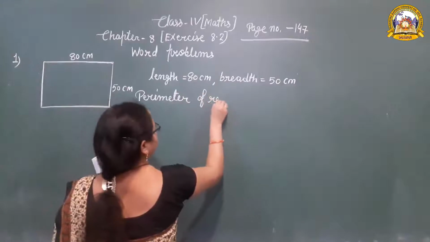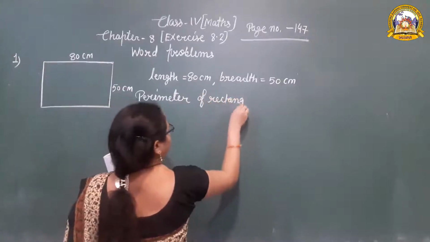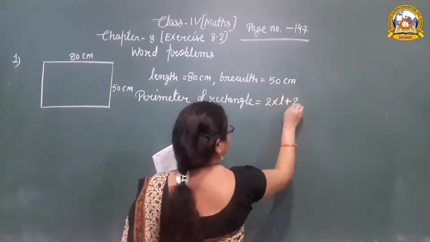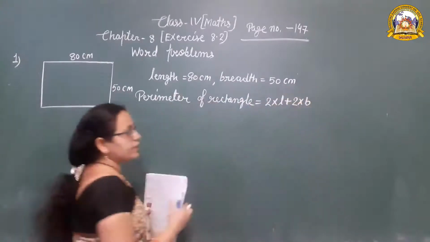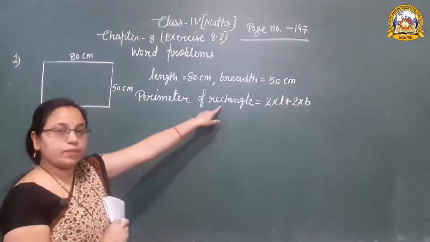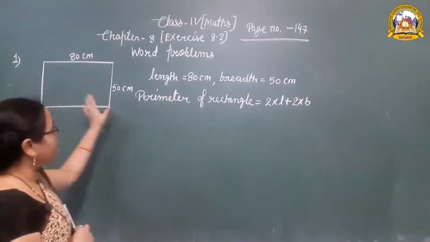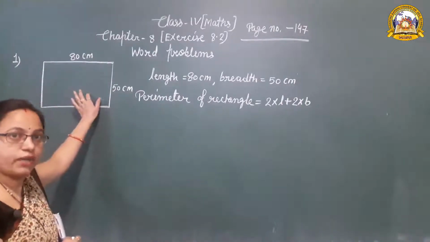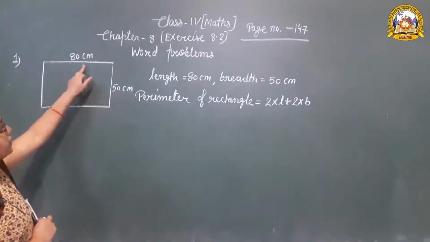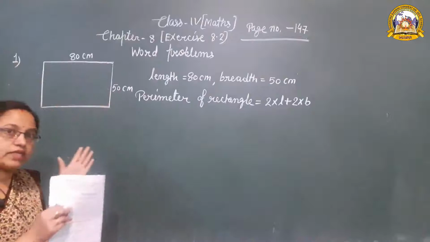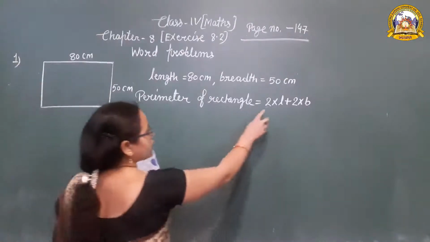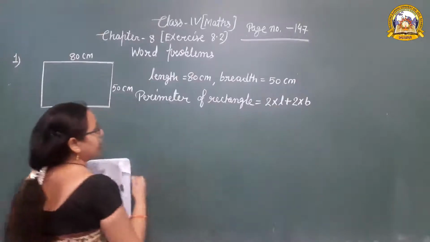Perimeter of rectangle is equal to 2 multiply length plus 2 multiply breadth. Why do we apply this formula? Because the rug is a rectangle. How can we identify it? Because in a rectangle, length and breadth have different sizes.